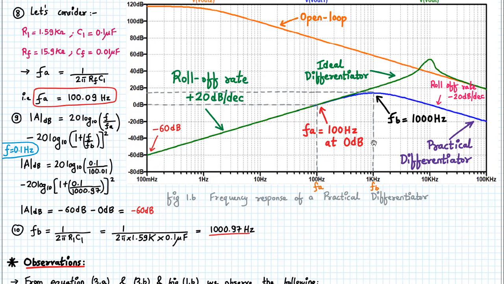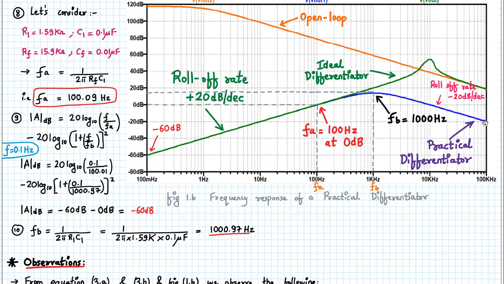So for any frequency beyond FB, that is around 1000 hertz, the gain of the practical differentiator starts falling down, and that rate of fall is constant, given by minus 20 dB per decade. Here you can see the gain is around 0 dB at 10 kilohertz, and at 100 kilohertz it's around minus 20 dB.